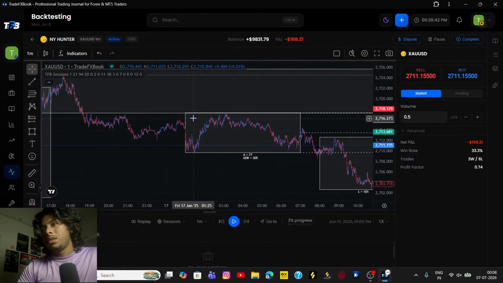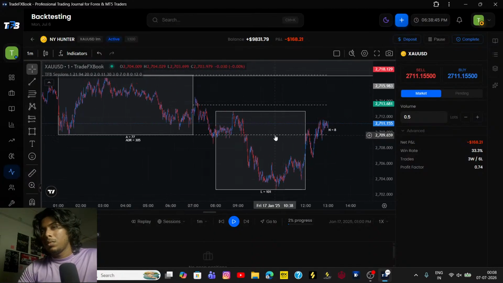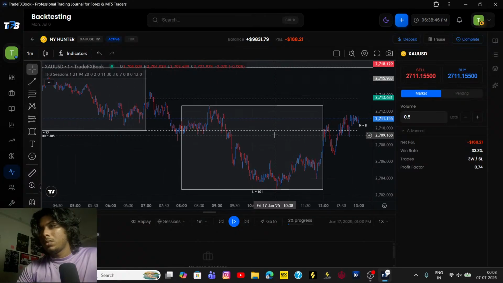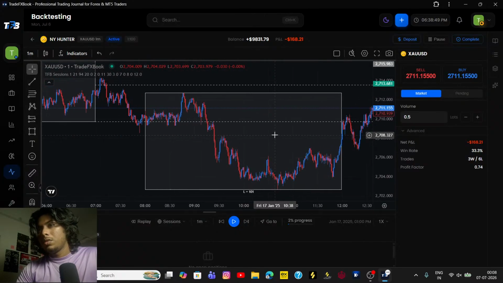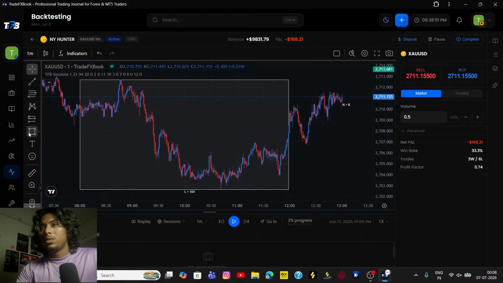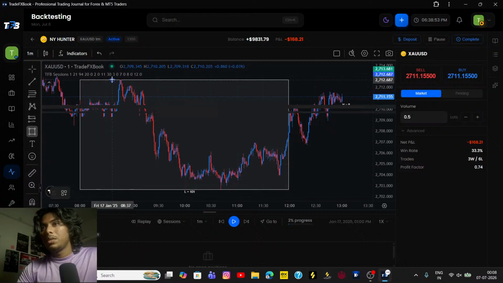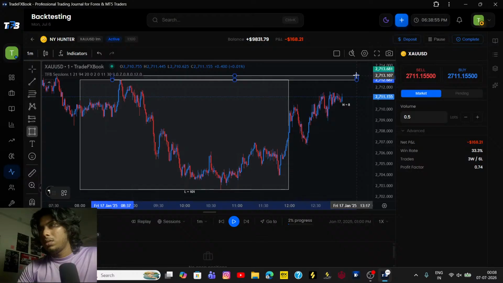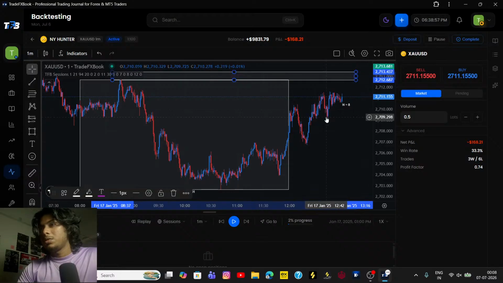If we want to go for sells, then we have this zone which has to be tapped. If it taps and shows me any kind of rejection, I am on sells. Let's see.